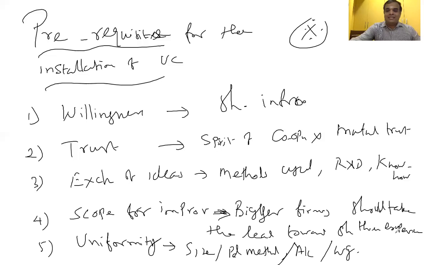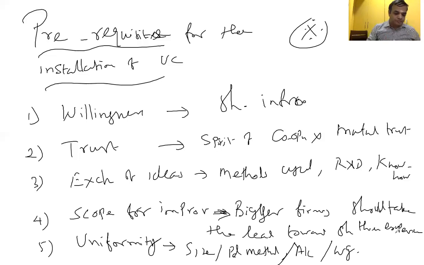Unless they uniformly follow all those things, comparable data may not be possible, and even if you share, it may not be useful for another concern. So these are the 5 prerequisites of uniform costing: willingness, trust, exchange of ideas, scope for improvement, and uniformity.